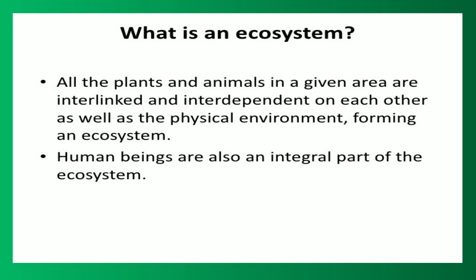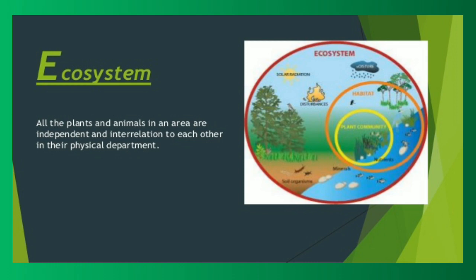Human beings are also an integral part of the ecosystem. You can see here that all the plants and animals are interlinked and interdependent, and human beings are also a part of all this.